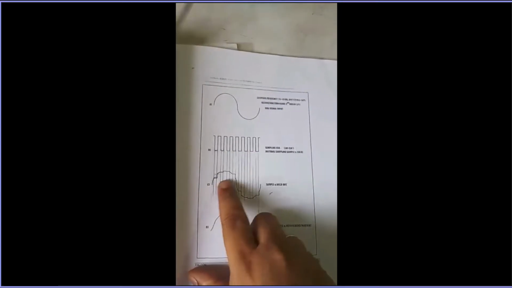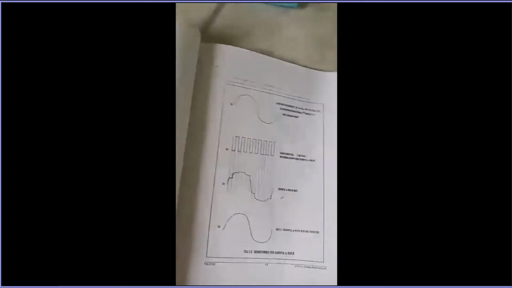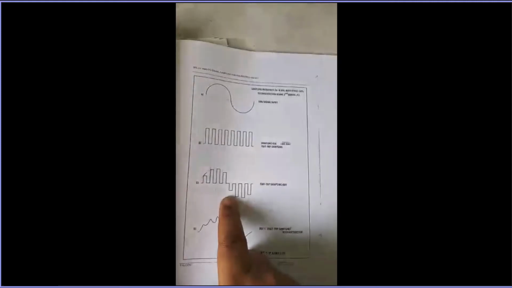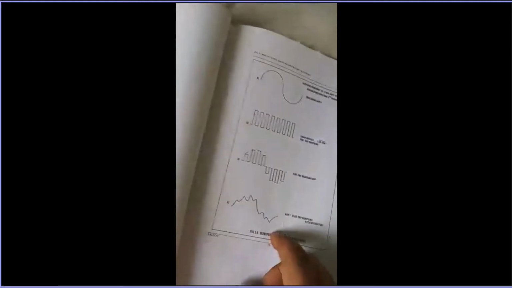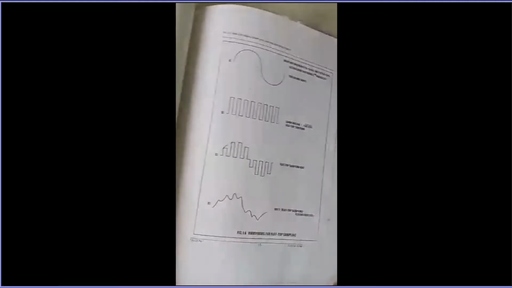Here also the top is not flat. But here the top is always flat. That's why it is named flat top sampling. And this is the reconstructed signal using the low pass filter. So now we are going to see the actual setup and the output.